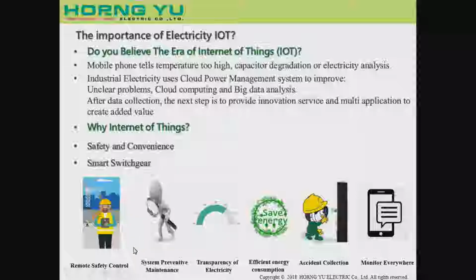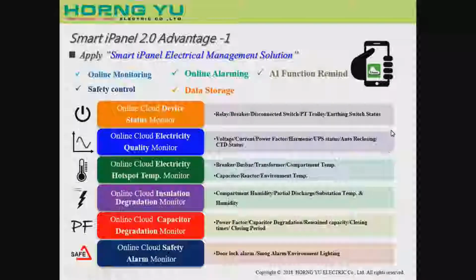We can do safety control, preventive maintenance, transparency of electricity, efficiency of energy consumption, and information collection. And the last one is monitoring everywhere from your cell phone, laptop, or desktop. One of the advantages is online monitoring, online alarming and AI function, safety control, and data storage.